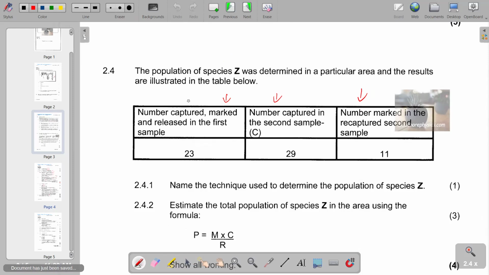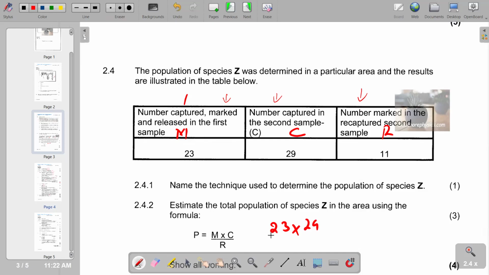Of course, this is the one that is indicating our P, and this is our C, and this is our R. So this is going to indicate our M, which is first. Our M is 23, and then we multiply by our C, which is 29.